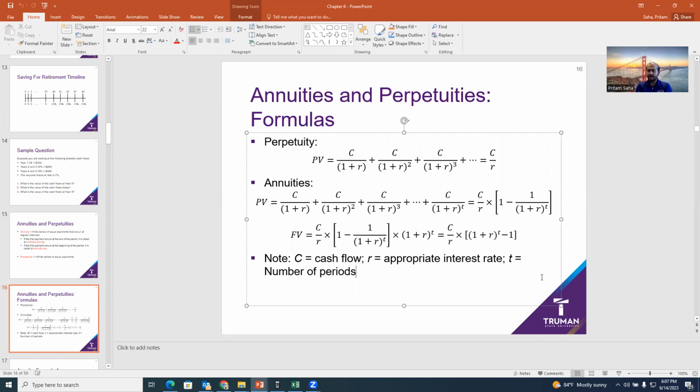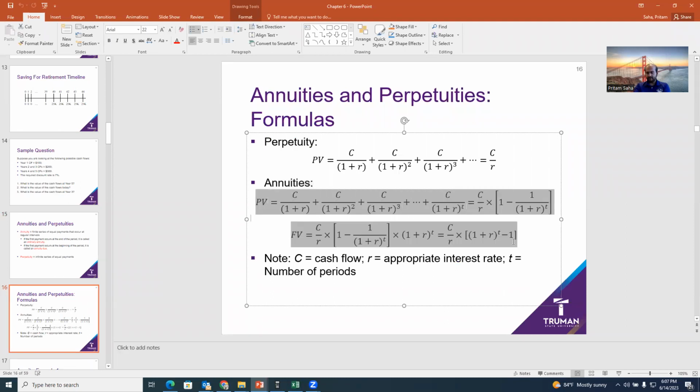But if you want to mention annuity due, we have to specifically mention and explain what annuity due is. Make sense? So when we say annuities, that means ordinary. This formula is appropriate for ordinary, not due. We're going to talk about due later.